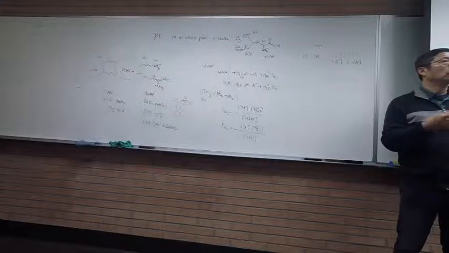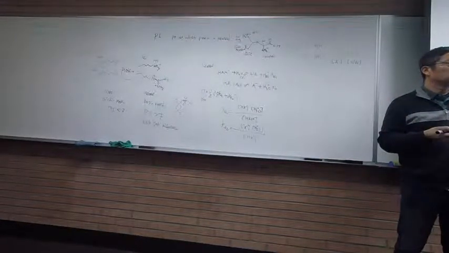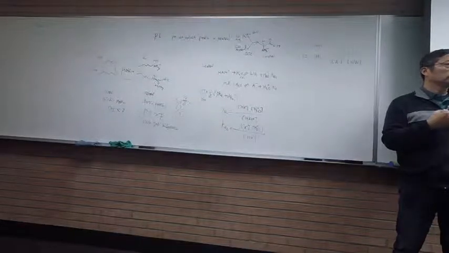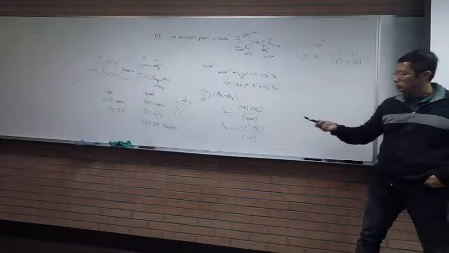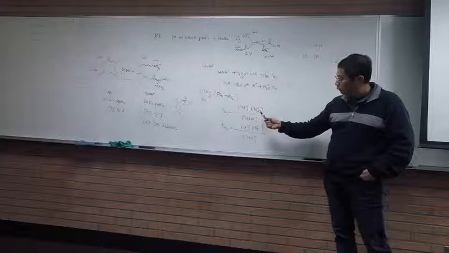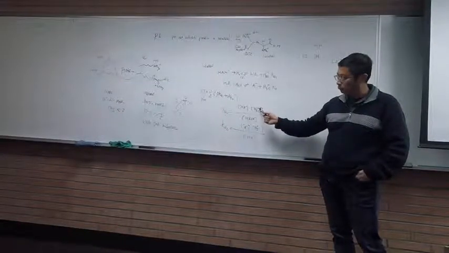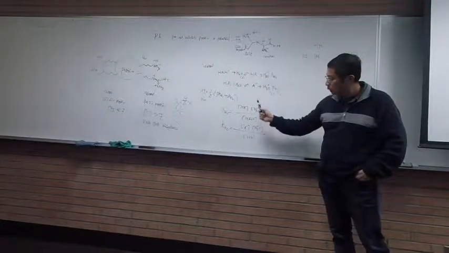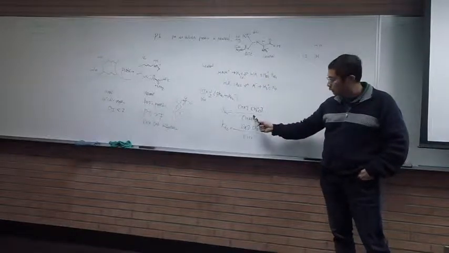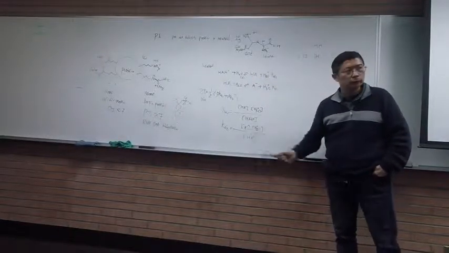Therefore, there's no net contribution of charge by this amino acid to the situation or to the protein. So that means at a certain proton concentration, in this double equilibrium, these two species have the same concentration.